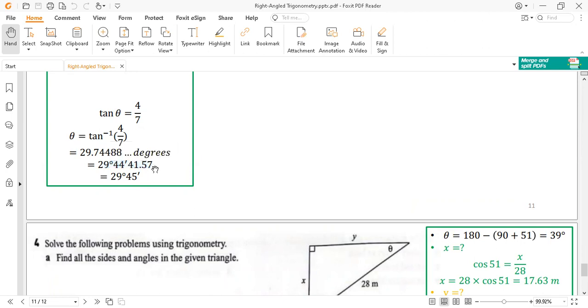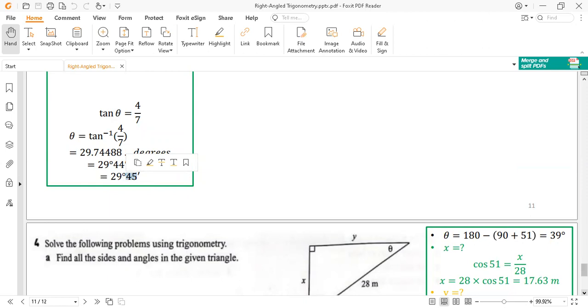We want to round it to the nearest minute, so we compare the seconds to 30. If this part is greater than or equal to 30, we round the minutes up. So normally 41 is greater than 30, so we round it up to obtain 45 minutes.